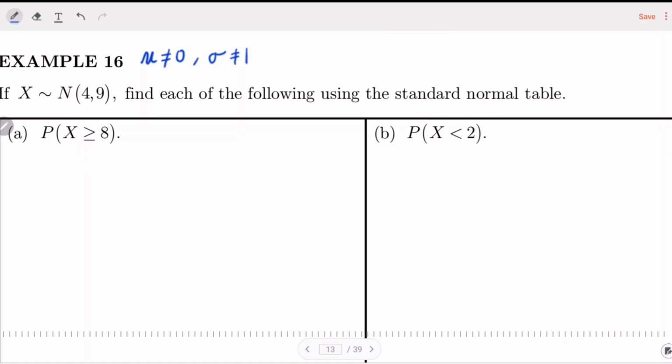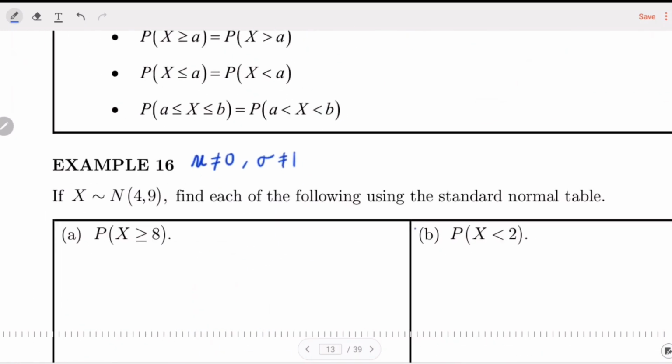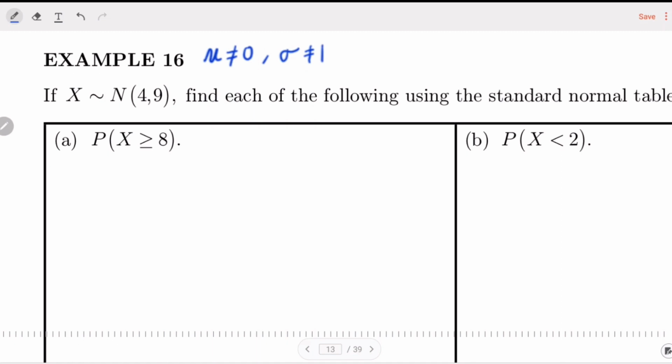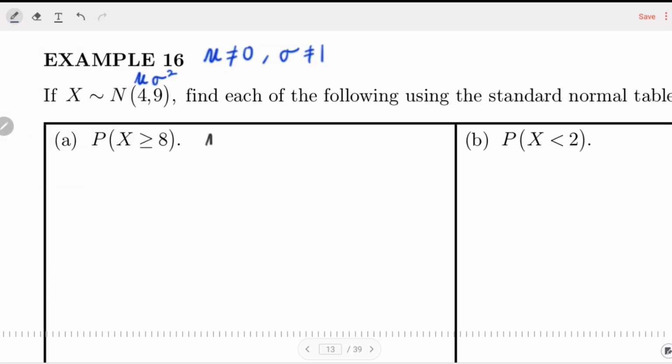To standardize, we are going to use the formula stated above. The first step is to identify the mean and sigma. Given mu, which is mean, equal to 4, variance equal to 9, our mu is equal to 4, whereas sigma is actually equal to 3.